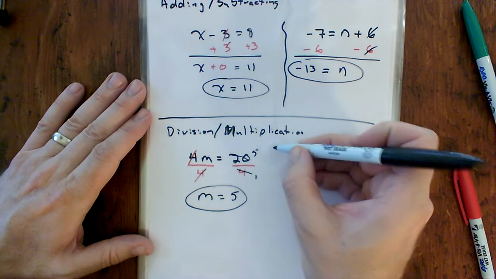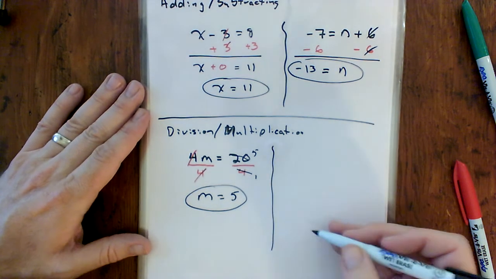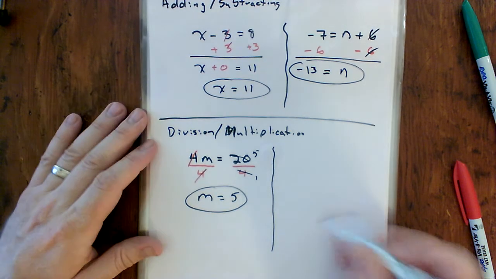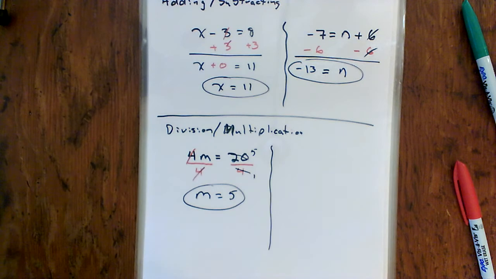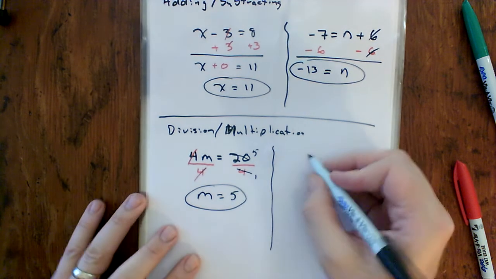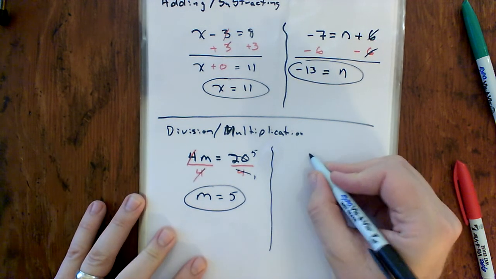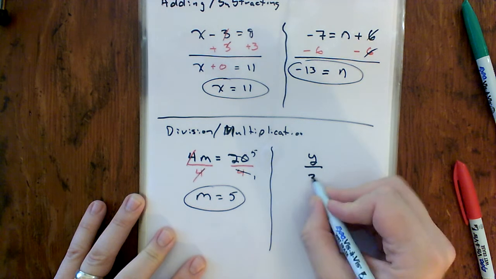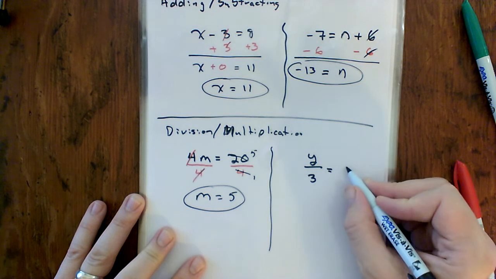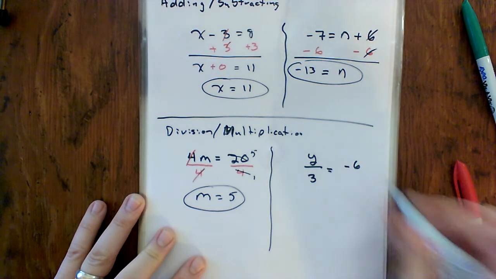Now, it's a little harder to see when we'd multiply, but believe it or not, this was actually a multiplication. Say I have something that looks a little bit different. Say I had y over 3 is equal to -6.